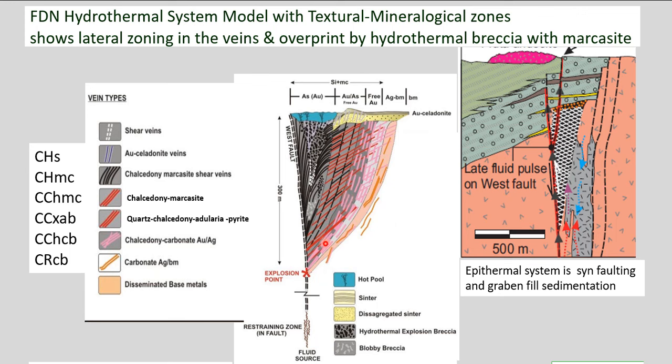So the reason that the best gold is in that position where the arrow is now is where you've got all the different types together. You've got the quartz veins, the carbonate veins, overprinted by the chalcedony marcasite veins, and they all have mineralization. So the high-grade ore is in that area where essentially where the red and pink lines are. Yeah, so in that zone there.